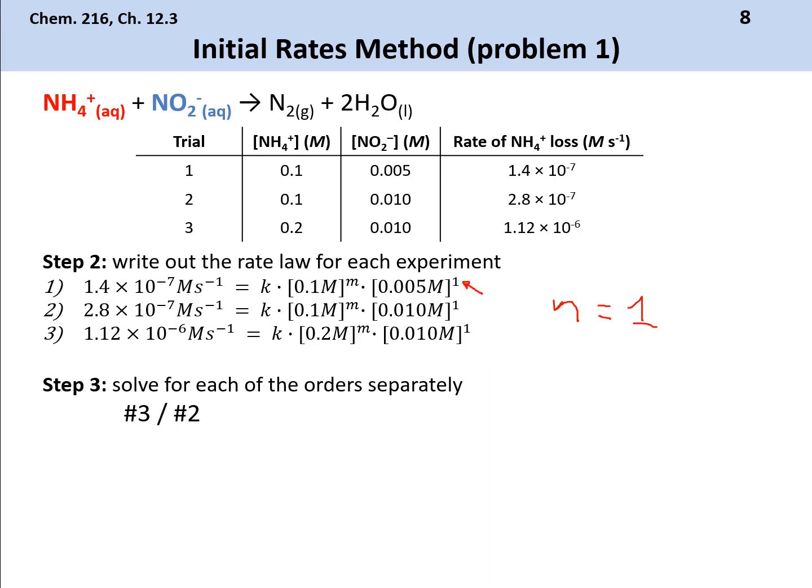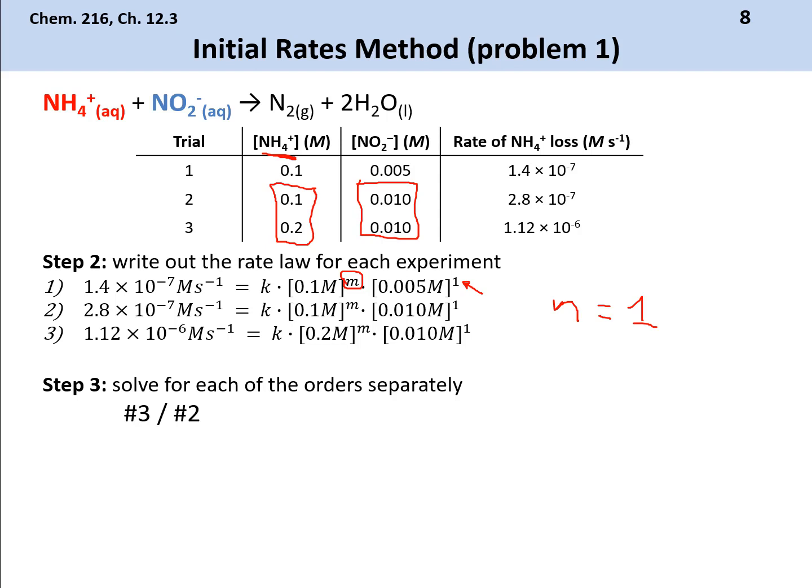If I want to find m, that is about NH4+, so I need trials where I kept everything else constant but varied the NH4+. Notice trials 1 and 2, I kept NH4+ the same, so that's not going to help me. But between 2 and 3, I varied NH4+, but I kept NO2-. So I can use these two to figure it out.